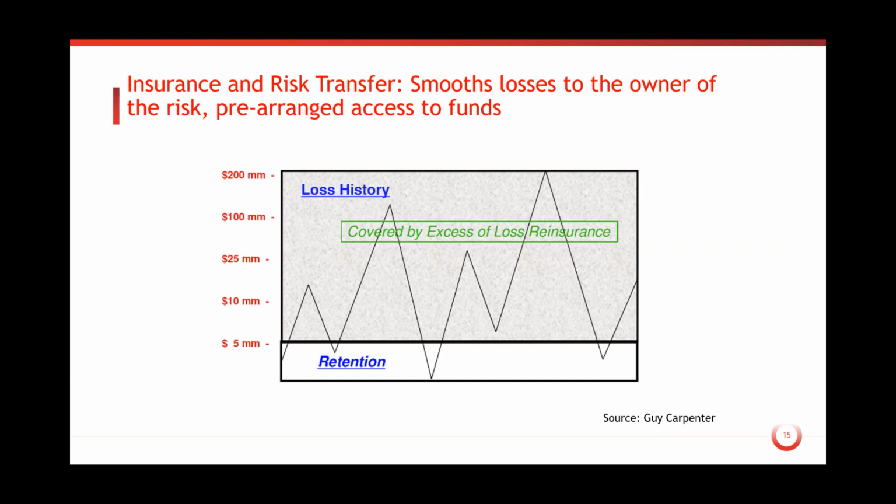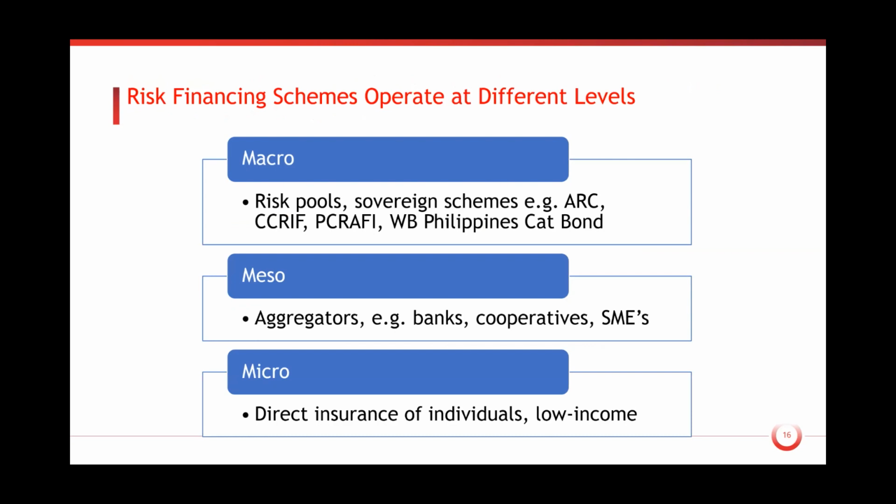Now, of course, this pre-arranged financing has the effect of smoothing the loss experience for the owner of the risk. So that could be a business owner or a householder, or it could also be at a national government level. And this slide simply shows that range of levels at which risk financing schemes can operate, from the macro level, which will be national or even international, so risk pools. There are several examples around the world where risk pools have been set up across multiple neighboring countries where they share the risk between them.